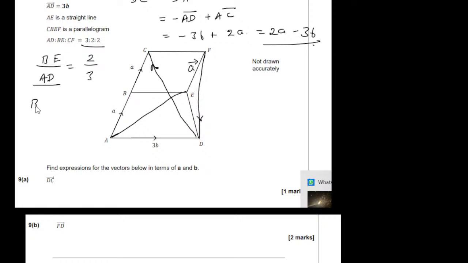So your BE bar will be 2 divided by 3 times AD bar, which is equals to, AD bar is 3B. So 2 divided by 3 into 3B is what? 2B. So this part is 2B over here.